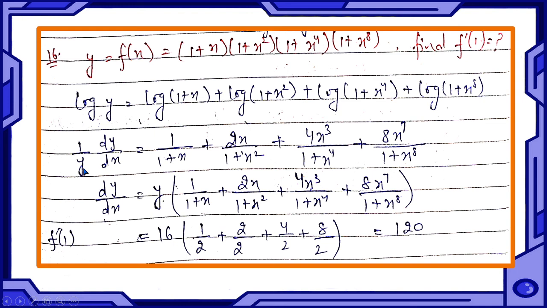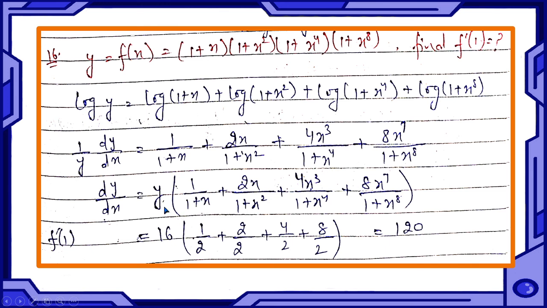Definitely everywhere we have to take the derivative with respect to x. So 1 by y dy by dx, and here also on the right side we'll take the derivative. Take y to this side and then all these terms will come here in the bracket, and then what we have to find, f dash 1 means derivative when the value of x is 1.